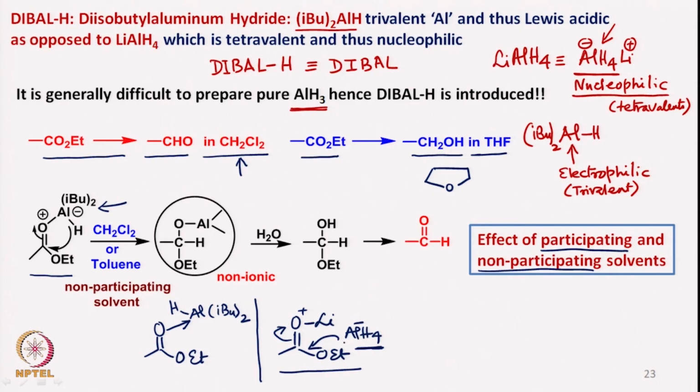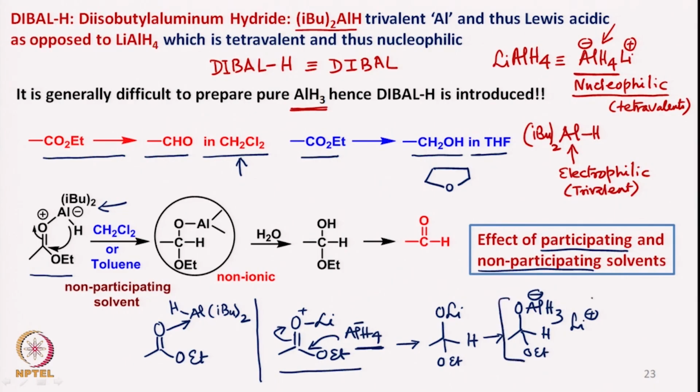Another difference is, as you can see, that in the case of lithium aluminum hydride, as we discussed earlier, we have this intermediate, and that eventually leads to the formation of this particular ionic intermediate, where there are lithium as well as aluminum species present as this.